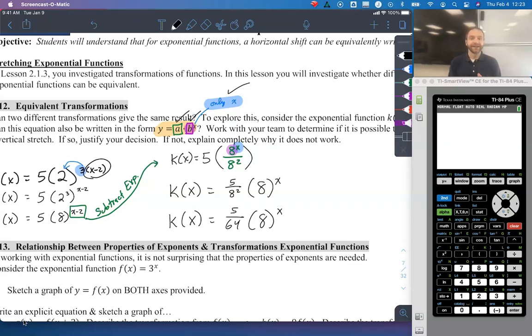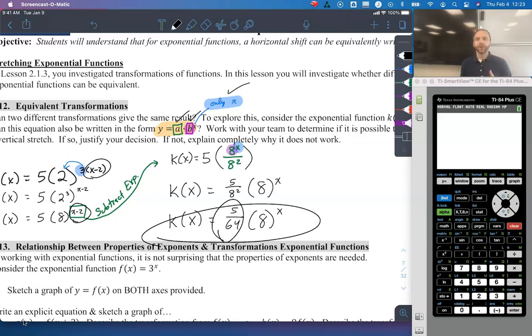And if I look at it now, I can realize with this horizontal shift here, I can also represent it this way, which is a vertical stretch or vertical compression because of this coefficient. There is no more horizontal. So what we really did here is we made a horizontal shift, that x minus 2, into a vertical stretch.